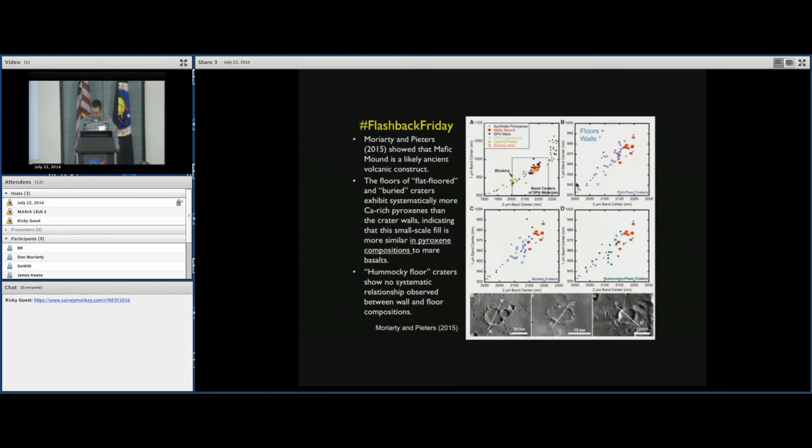This followed on much work that he did in a paper last year talking about the mafic mound feature, formerly known as Olivine Hill.